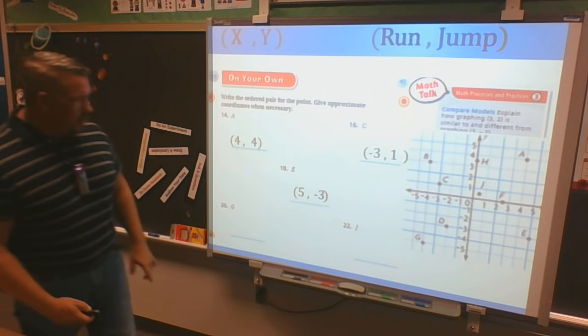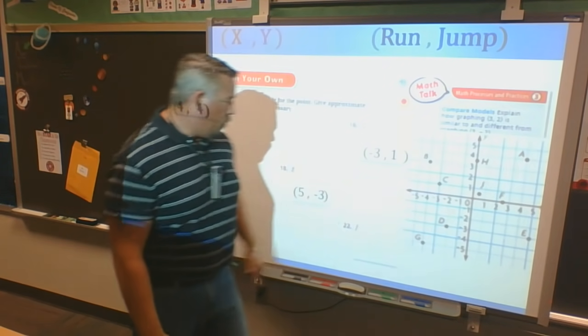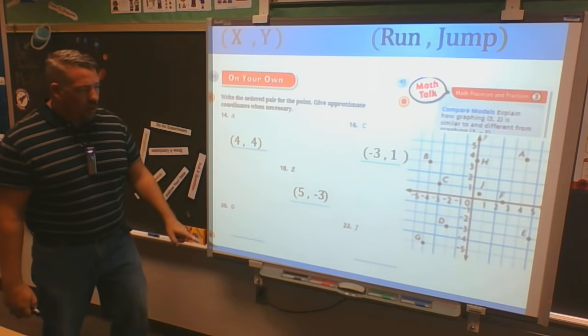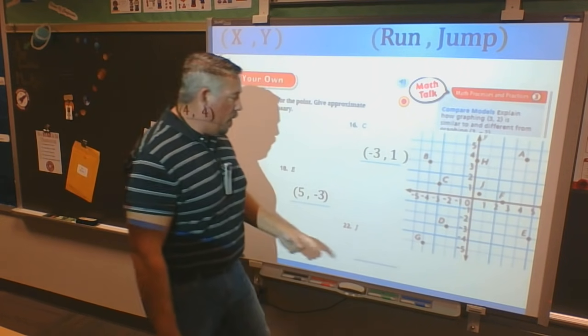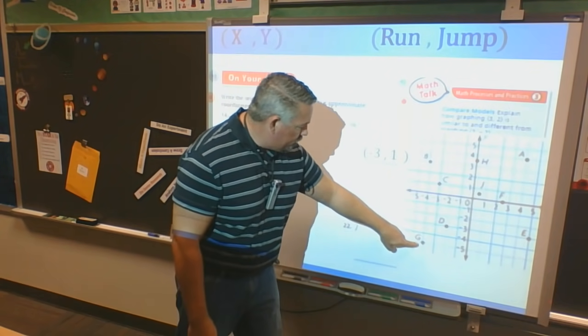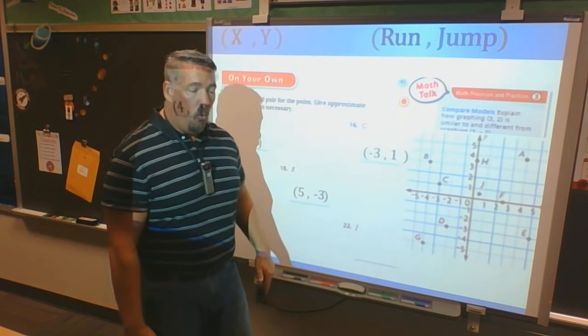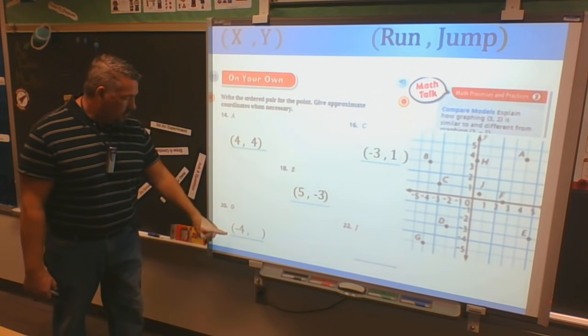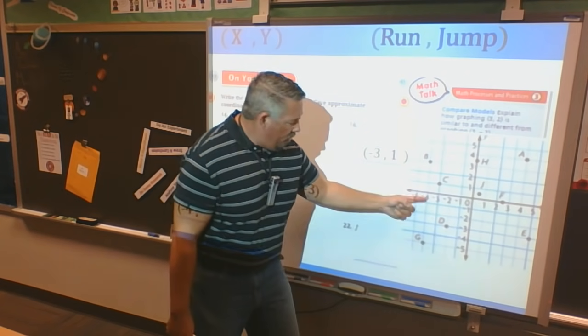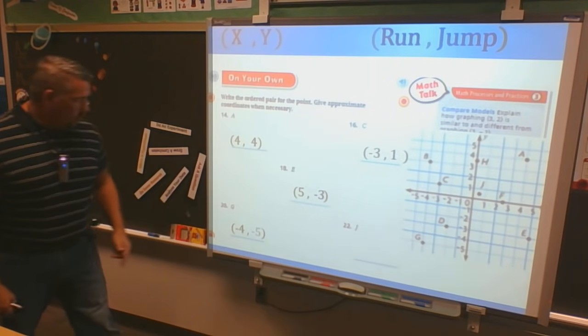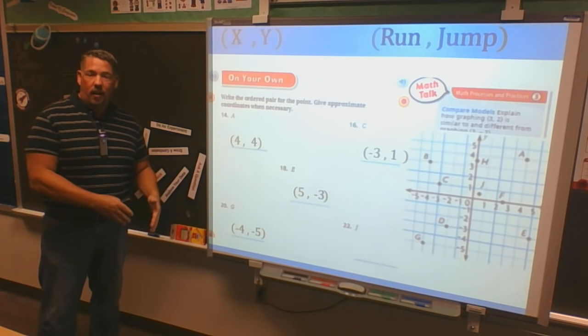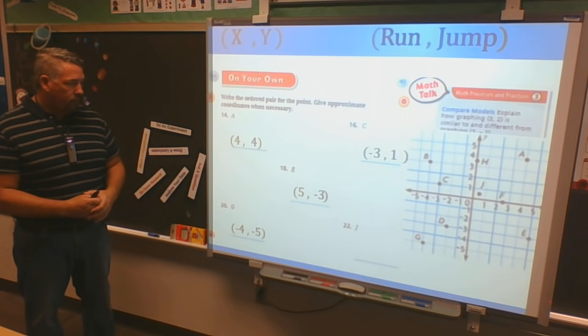G is located in quadrant 3. So on G, I'm going backwards and down. So I'm going to run for my x to a negative, let's see, it's here. So a -4 has to be my x. And then jumping down, I'm going to -5. So I know my second one for my y is -5 when I jump down.